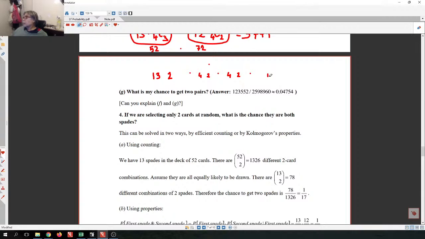So there is another way to do that. You can say it this way. I'm going to select the denomination for the first pair. Then I'm going to select the first pair, 4 chooses 2.